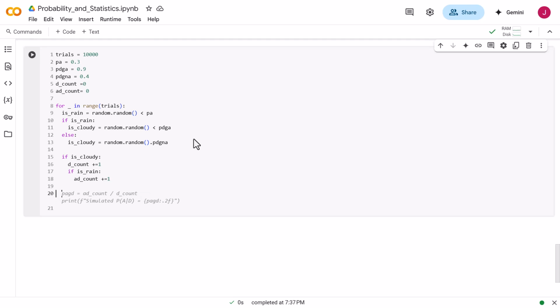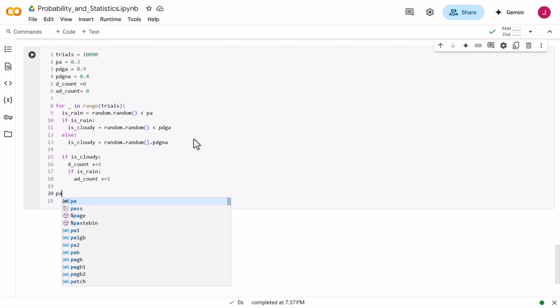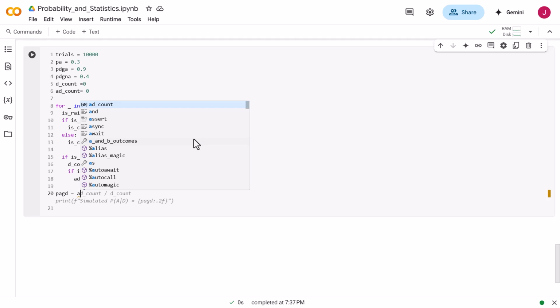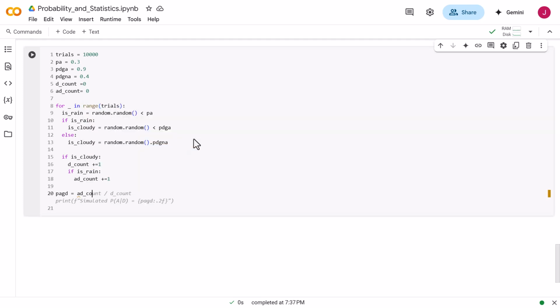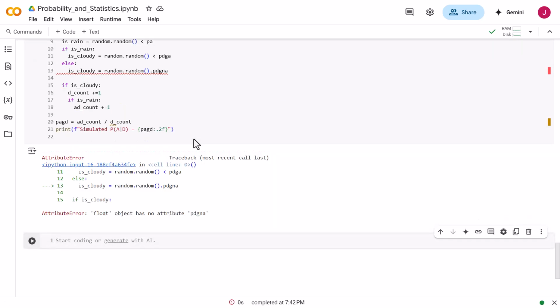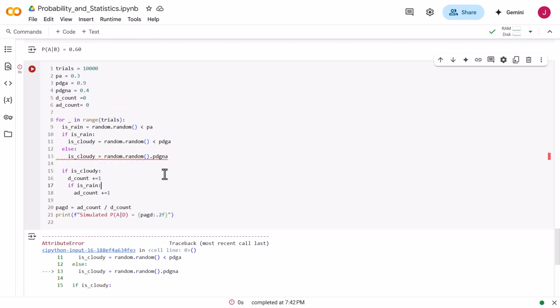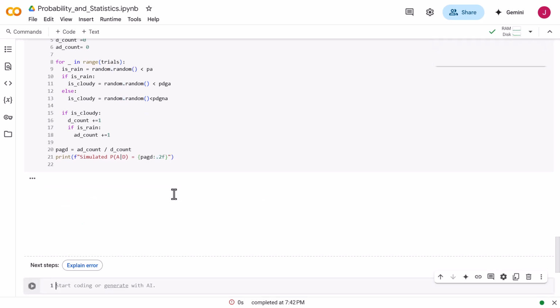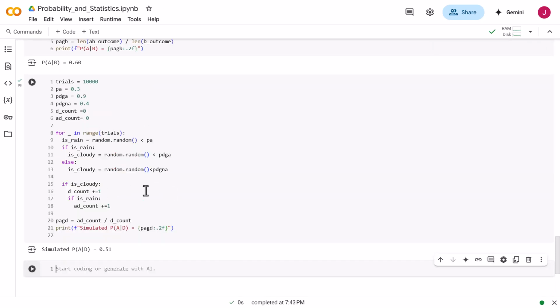Then we can say probability of A given D is equal to AD count divided by D count, and then we print it. There is one problem here, which is this less than. So it is 51%. Maybe the answer you get is a little bit different.